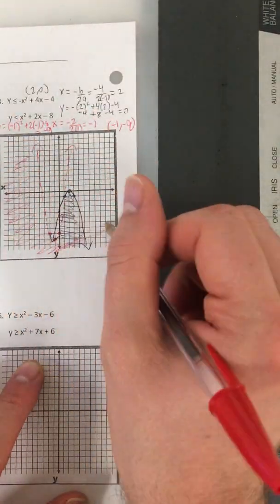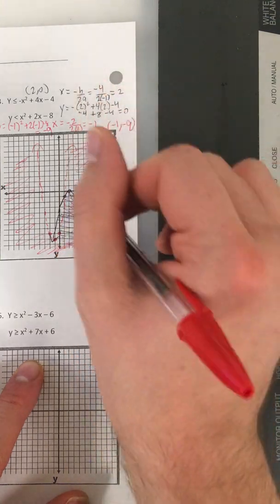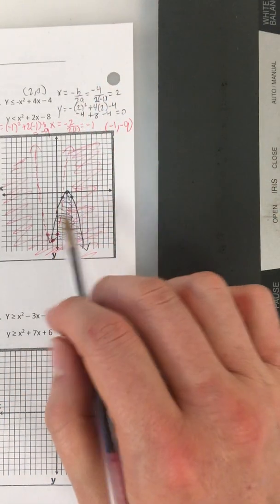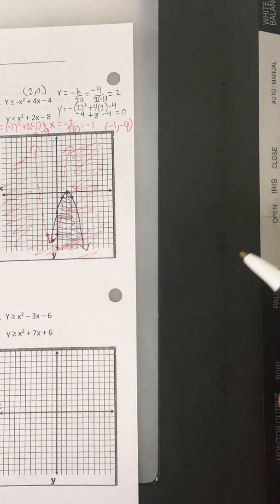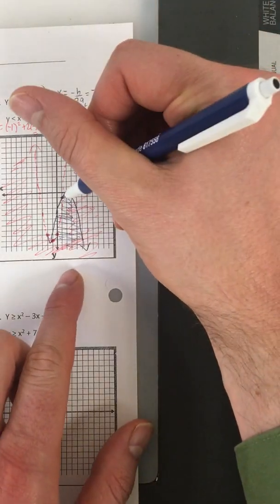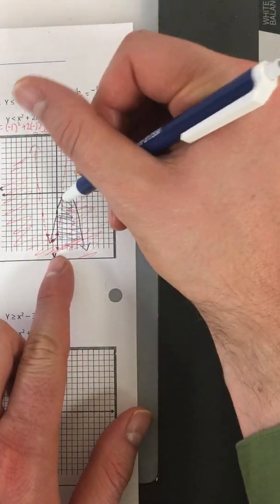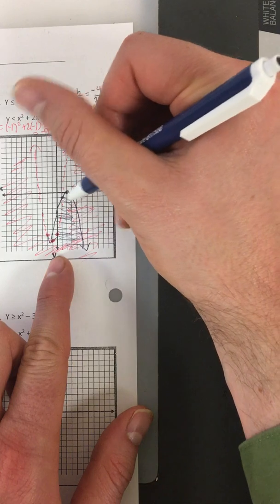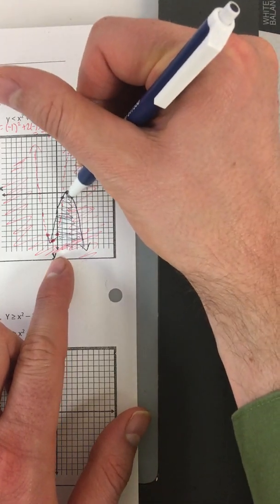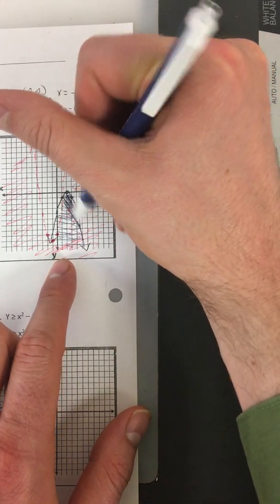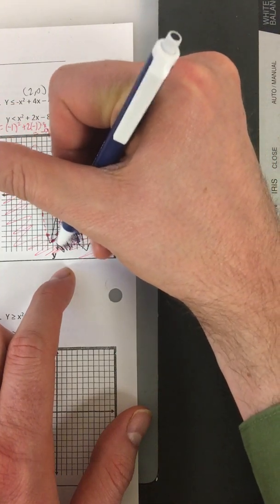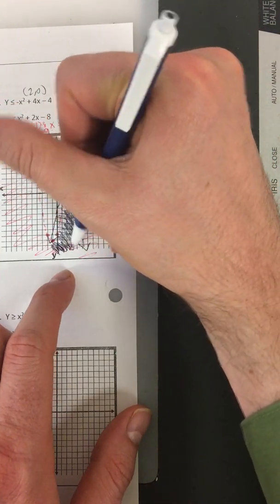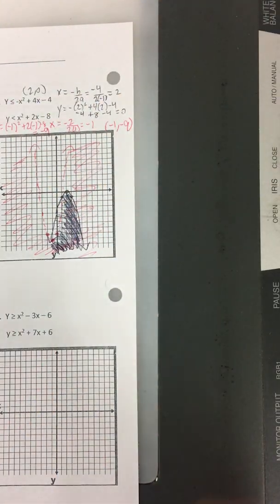And again, I'm looking for where the two shadings meet, where both of these are solutions. I'm just going to darken that. So everything, not in this little section, but from the outside of this parabola and inside of the darker one, all of these points, they would all be solutions.